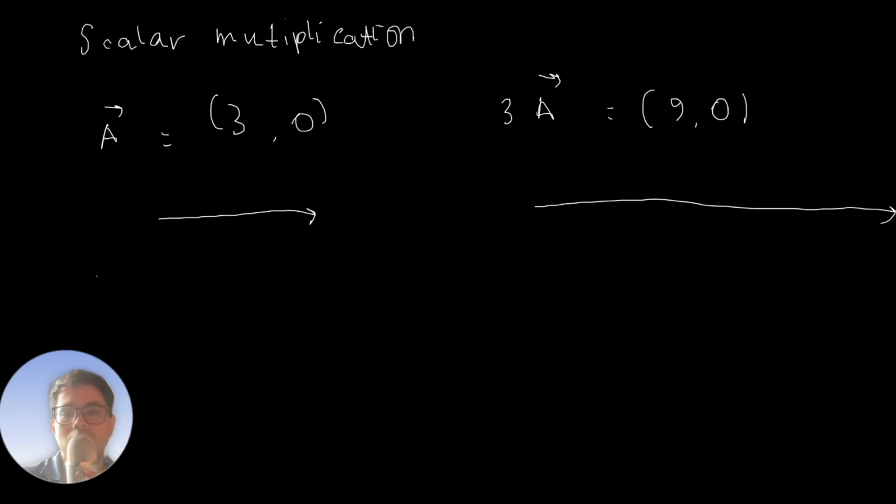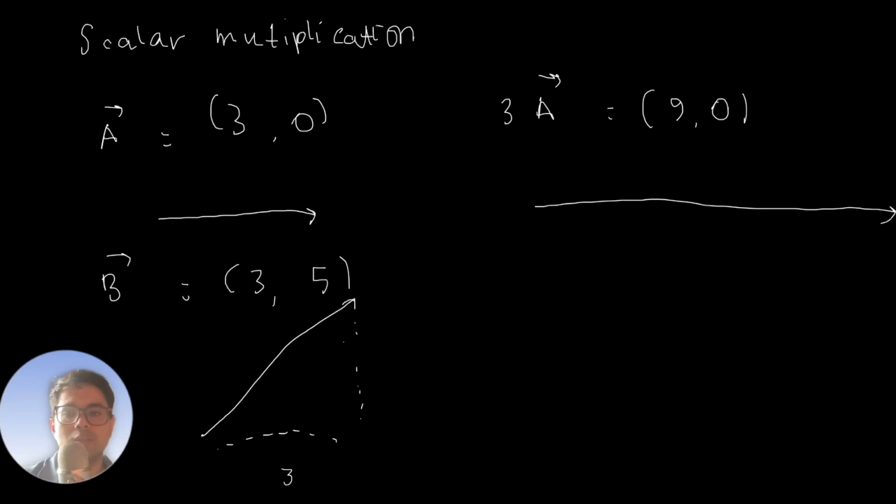Similarly, if you have a multi-directional vector, B is 3, 5, meaning this is 3, this is 5, then a scalar multiplication with 2 would mean that the length would be doubled.